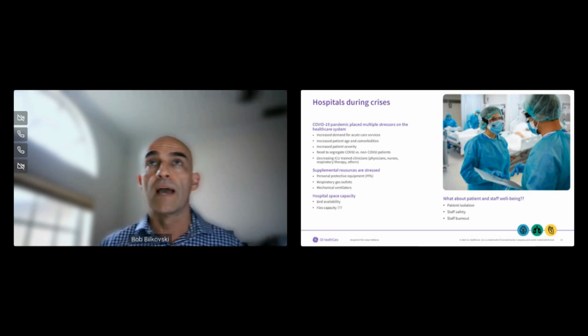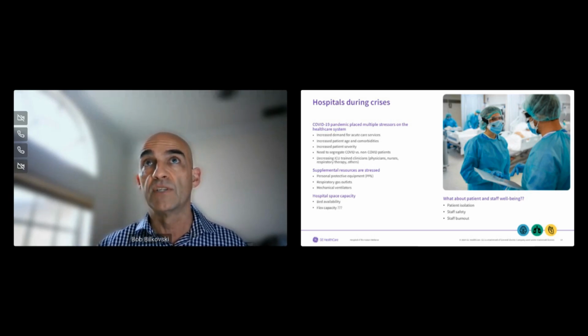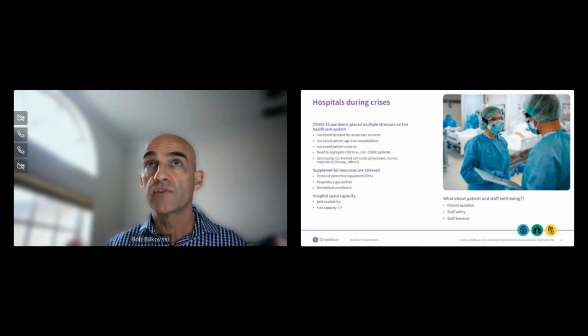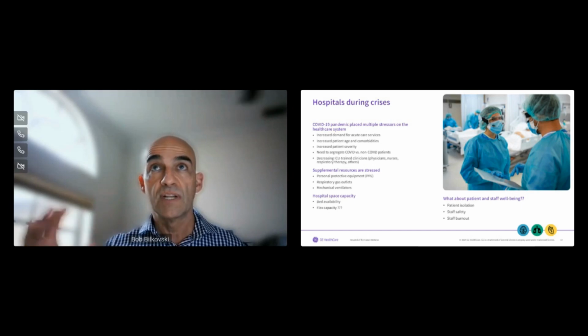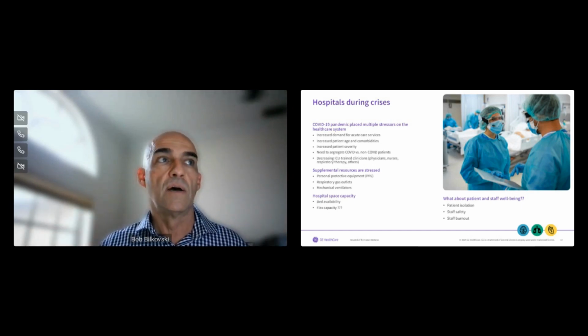There was a federal action that got entities like General Motors and Ford to start making mechanical ventilators. Personal protective equipment was being stripped out quickly. I supported companies that were repurposing N95 masks for reuse. So clearly, there were other stressors outside of just the hospital environment, the care delivery, as well as the staffing, but there are all these other elements that help to create a hospital that works.